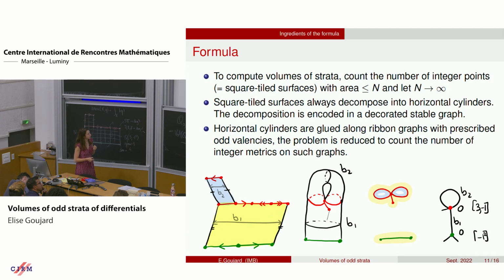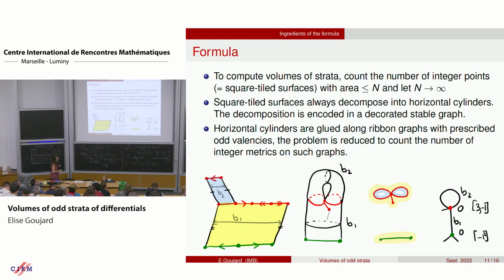So you see I get these two ribbon graphs. I can declare that the vertices of this stable graph correspond to the connected components of the cut surface, so actually ribbon graphs. And here the decoration gives you just the valences of this graph.